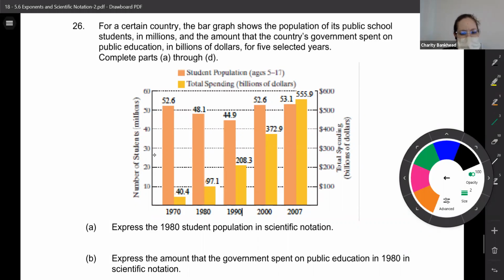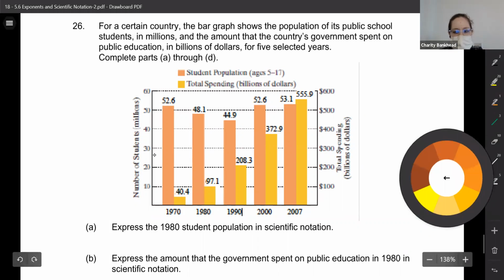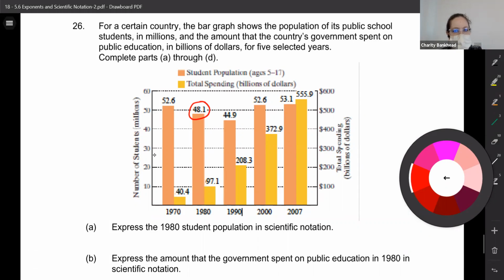Okay, so that's 48.1, and the student population is in millions. So 48.1 times a million, basically.